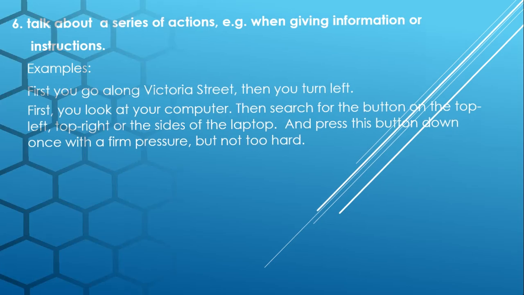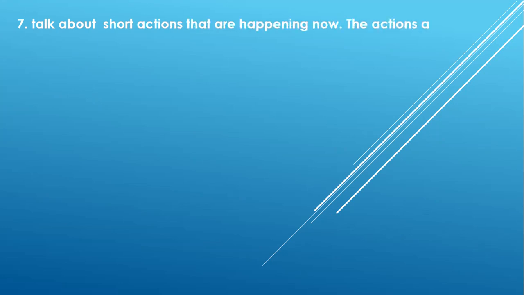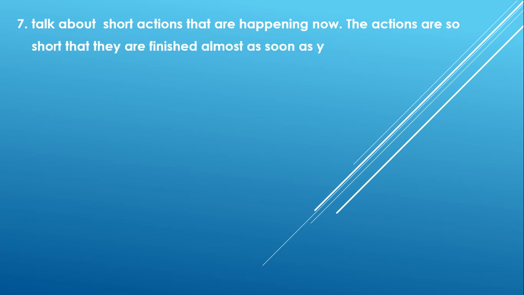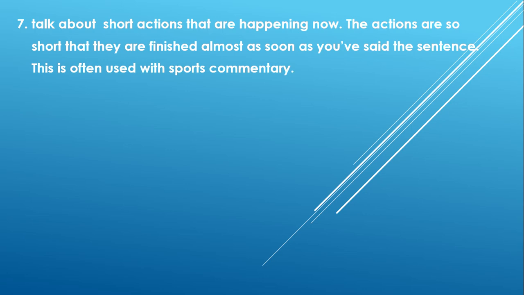The seventh usage of the simple present is to talk about short actions that are happening now. The actions are so short that they are finished almost as soon as you say the sentence. This is often used with sports commentary.